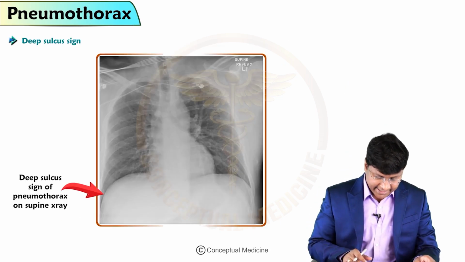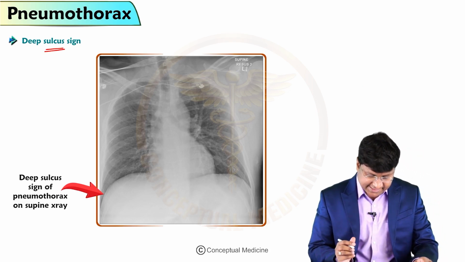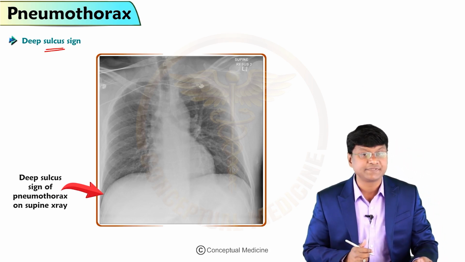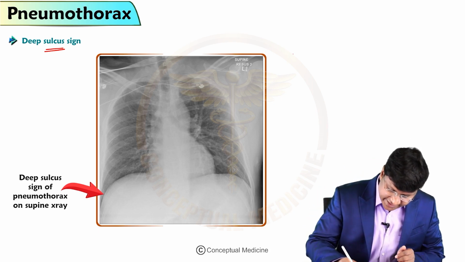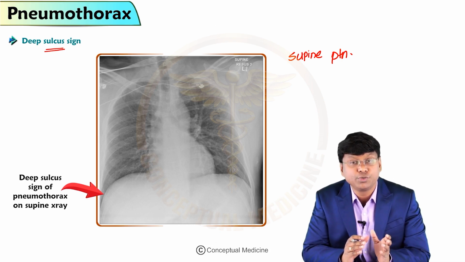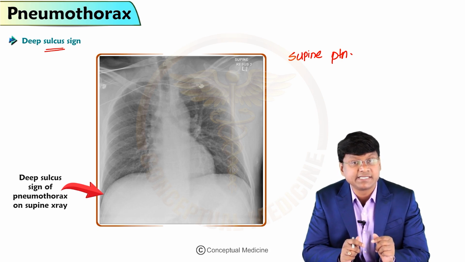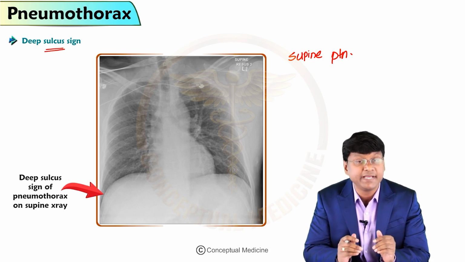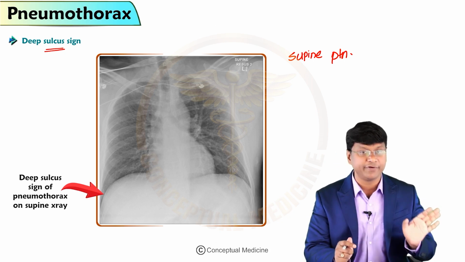Then, another important sign is the deep sulcus sign. What is this deep sulcus sign? See, in patients with pneumothorax, when you take a chest x-ray in supine position, pneumothorax may appear as an abnormally radiolucent costophrenic sulcus.